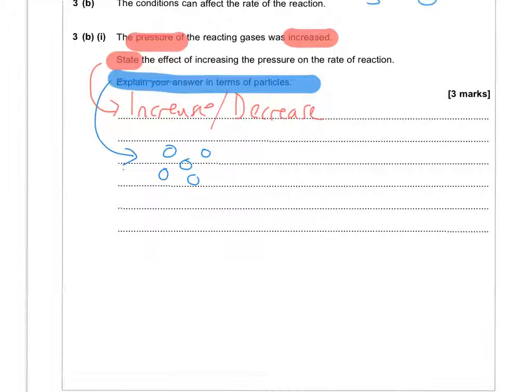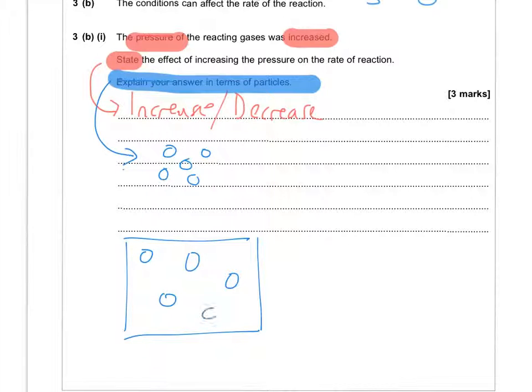Now, what we've got to think is, if I look here, and this is at standard pressure, we've got 5 gas particles, and they're moving about randomly. And then we increase the pressure, so that means we're probably going to lower the volume. So we've got the same 5 gas particles. Which one is going to be reacting the fastest?